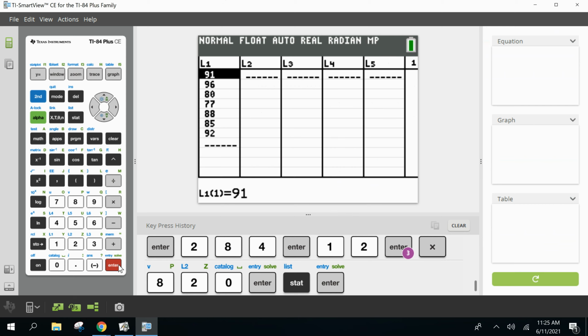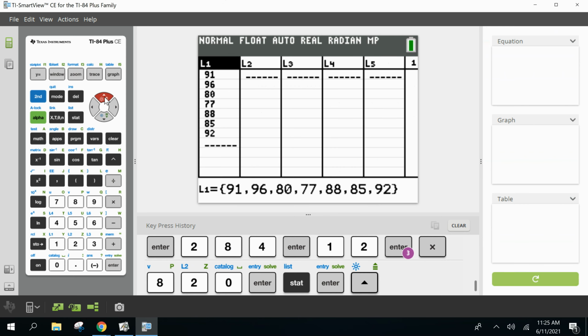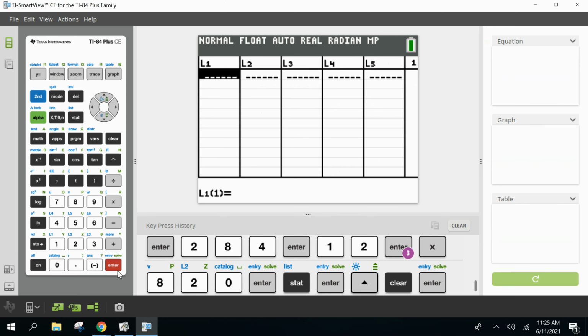So I got numbers in mine. You may have numbers in yours, everyone. Go up to the top, clear it out, enter, and then everyone take your time now. You should have 15 of them you're putting in there.